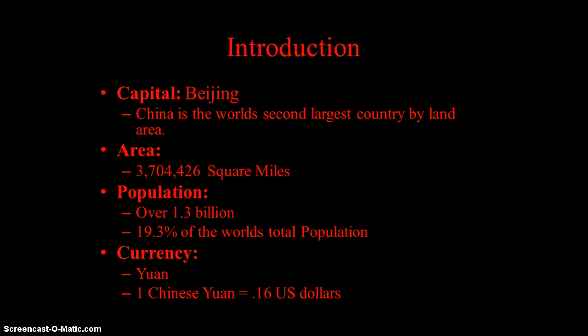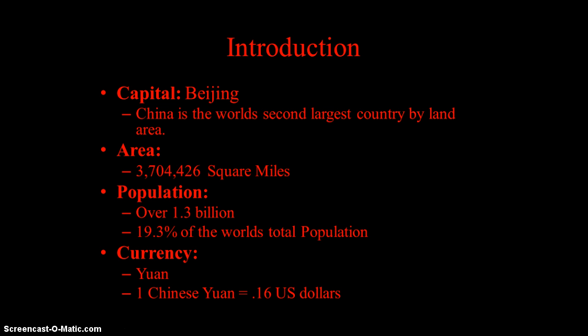As you can see, China is a massive country. China's population is over 1.3 billion people, which is 19.3% of the world's total population. In this one country alone, we basically have 20% of the world's total population.